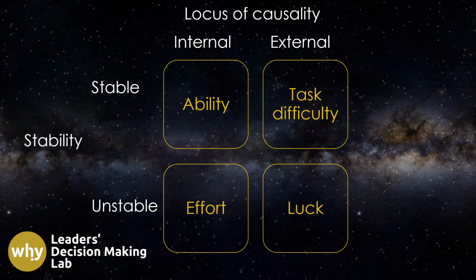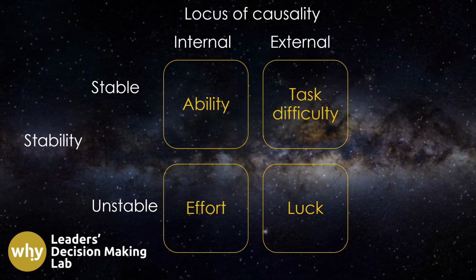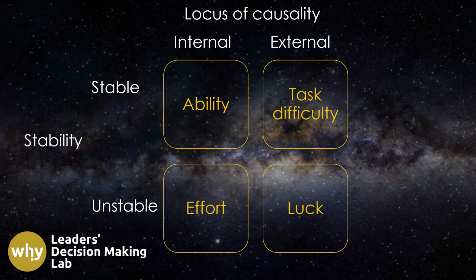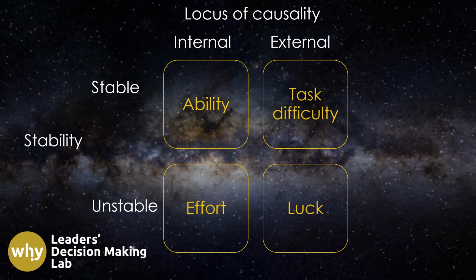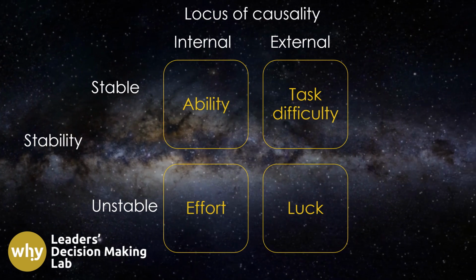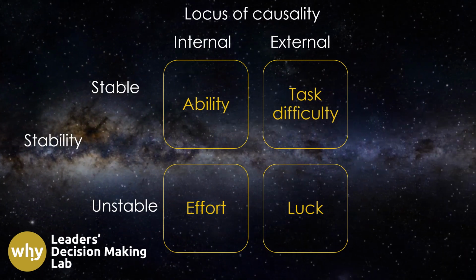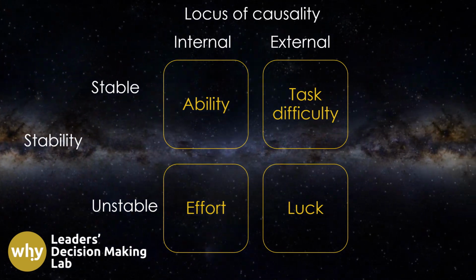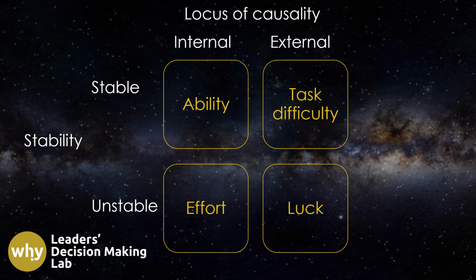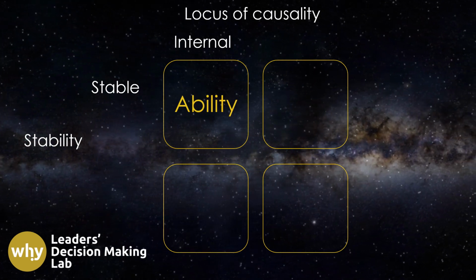The four explanations can be grouped into two dimensions of causality: locus of causality and stability. Locus of causality refers to whether employee performance is attributed to internal or external factors, while stability means whether the cause is considered stable or unstable over time. Let's explore these explanations with examples.